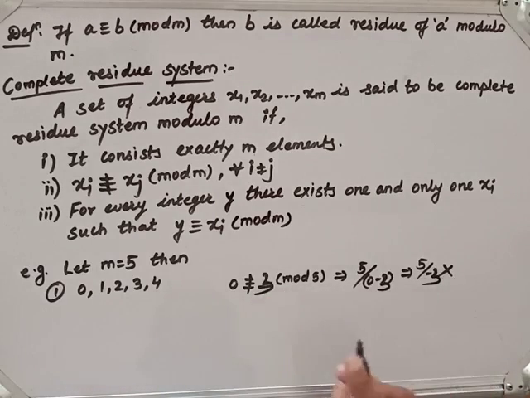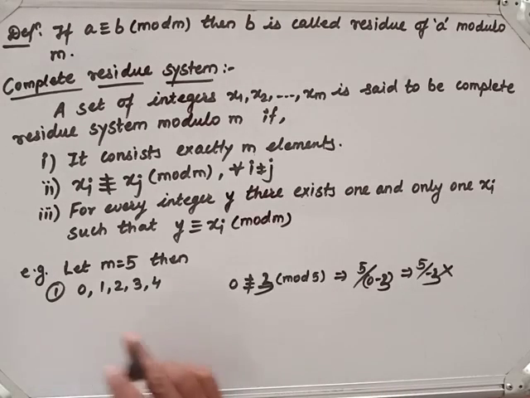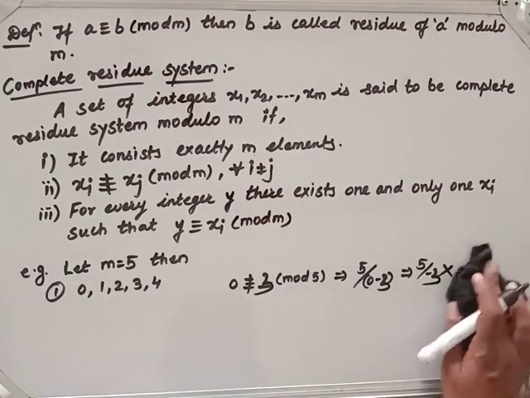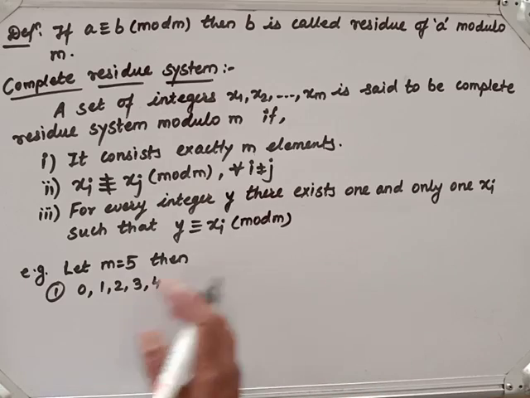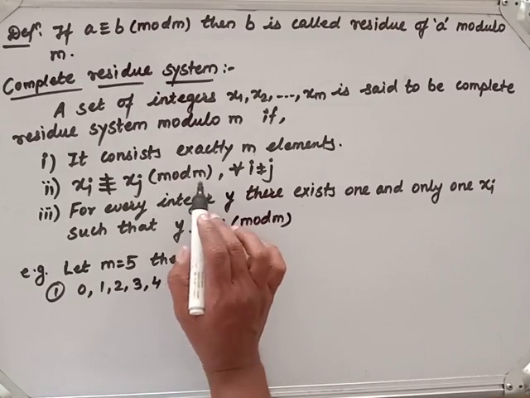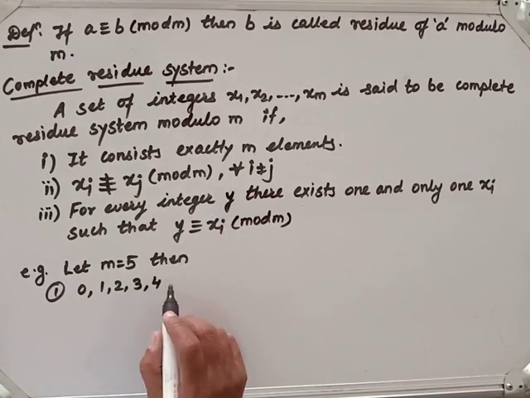Every time this is false. Similarly, 1 is not congruent to 2, 3 or 4 modulo 5. When we divide by 5, the remainders are either 0, 1, 2, 3 and 4, so these numbers are not congruent to each other modulo 5. So the second condition is satisfied.